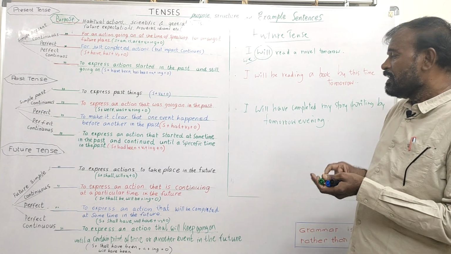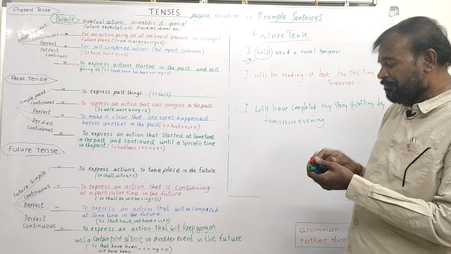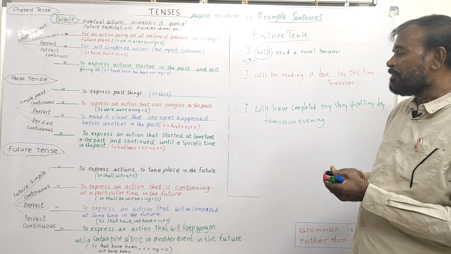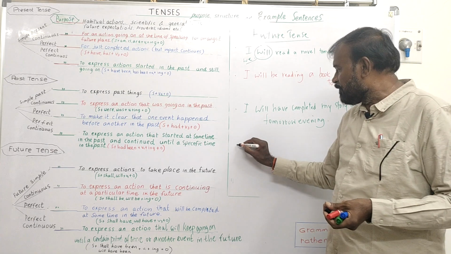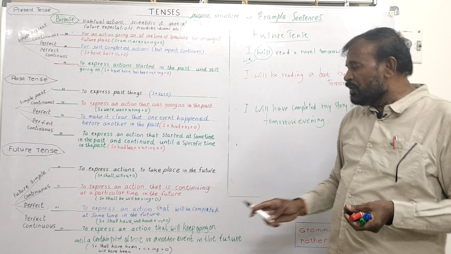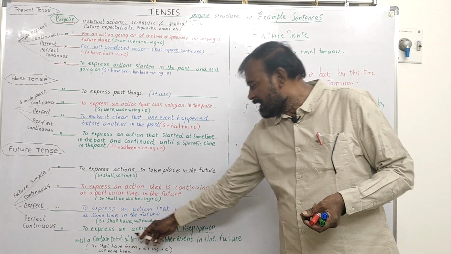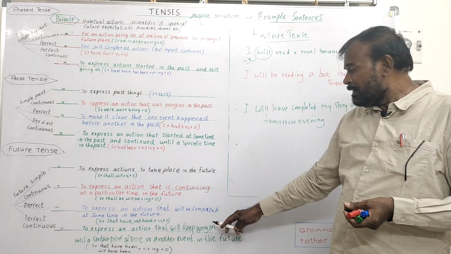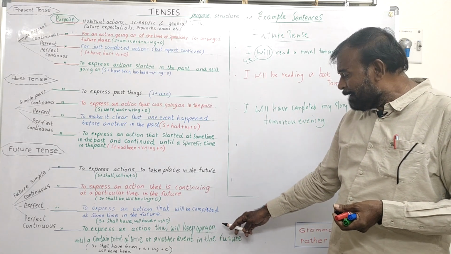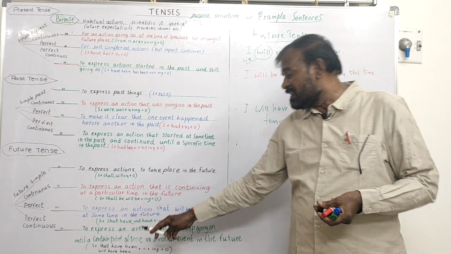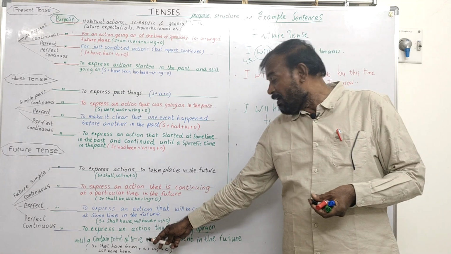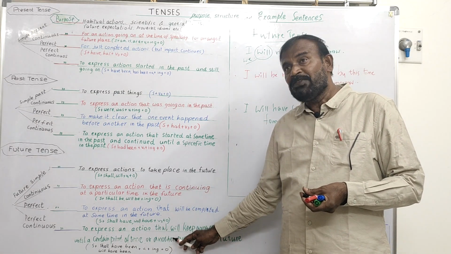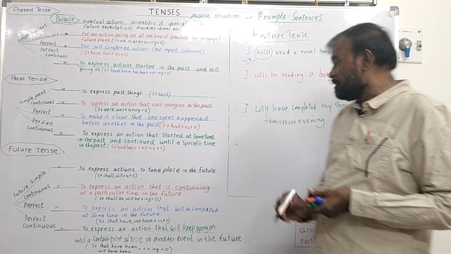And come to the last one, that is future perfect continuous. This tense is used to express an action that will keep going on until a certain period of time, or an event or another event in the future.